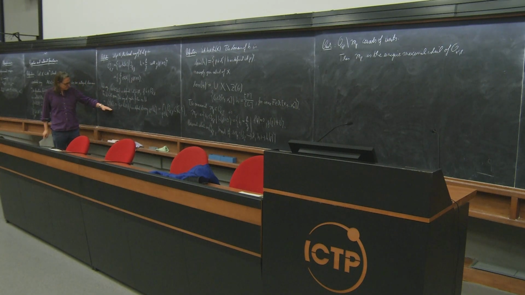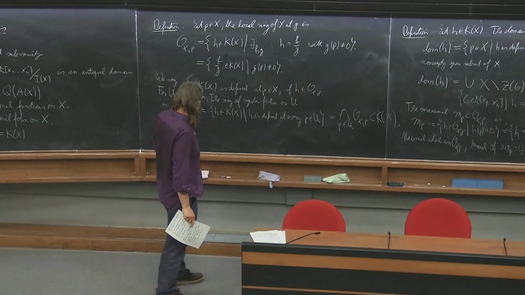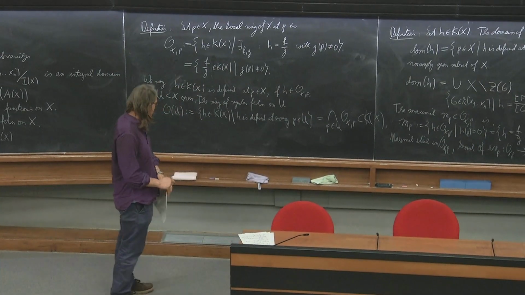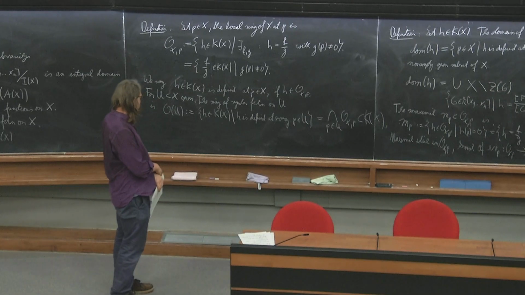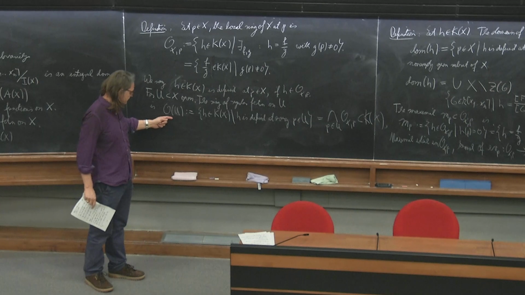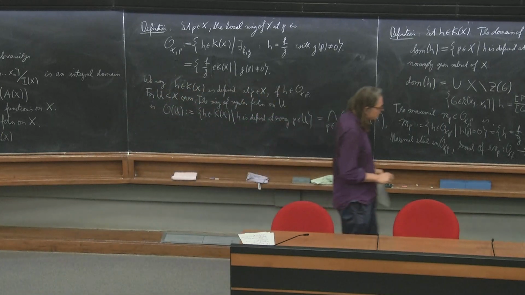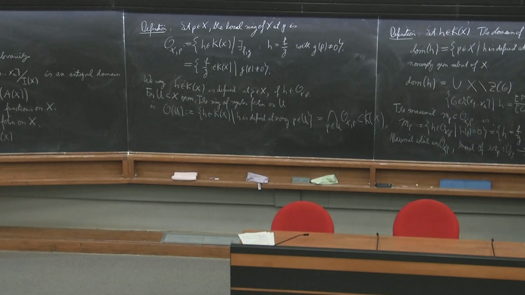I have defined what the regular functions on an open subset are. I just say it should be defined at every point P in U. And the claim is now that every regular function on U indeed gives us a function from U to K, and it's determined by this function.